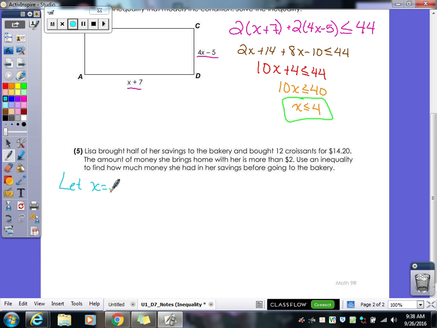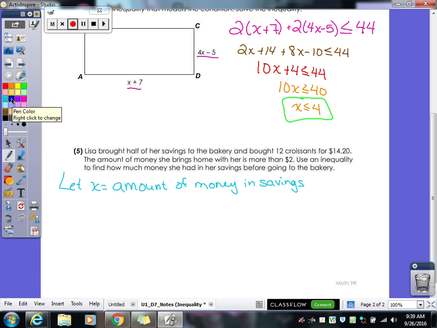Amount of money in savings. That's what we were told to find, we said. Find how much money she had in her savings account.